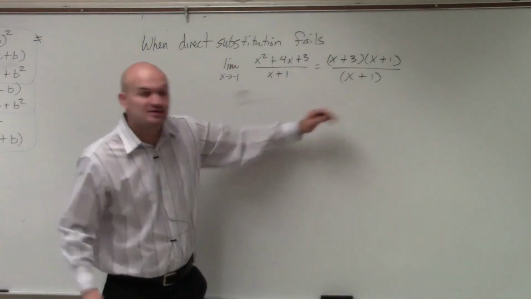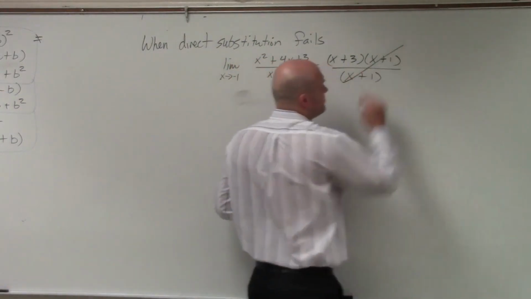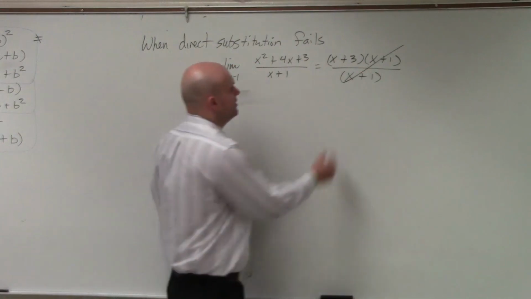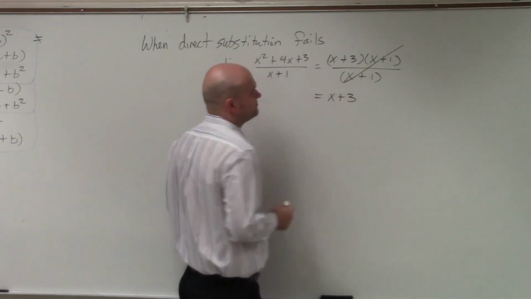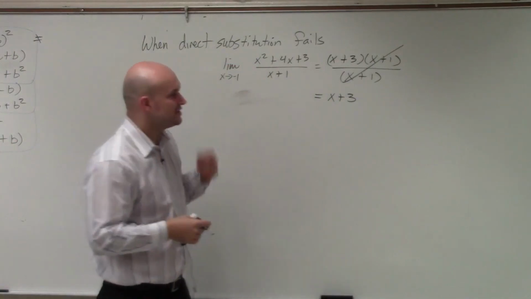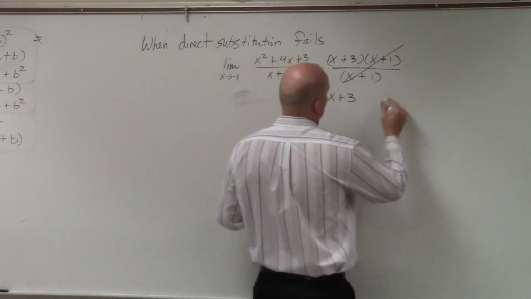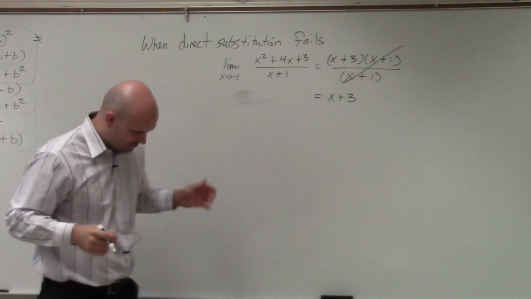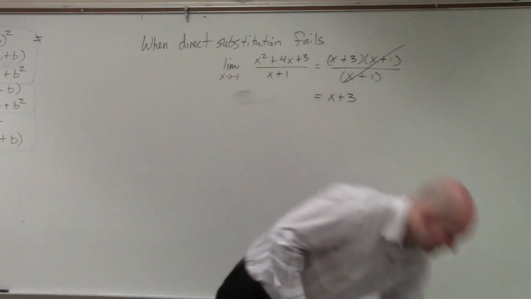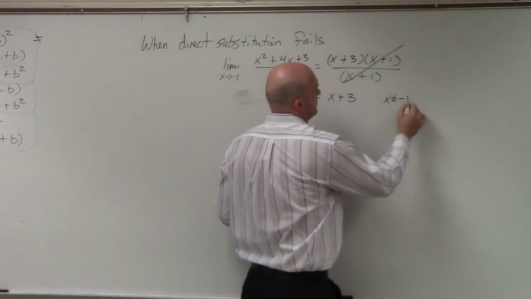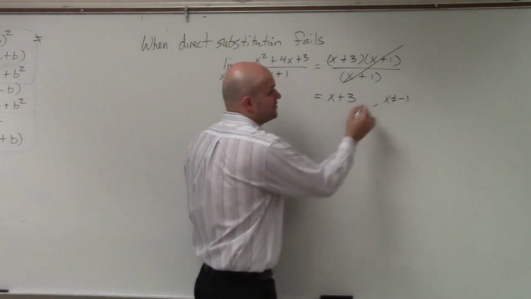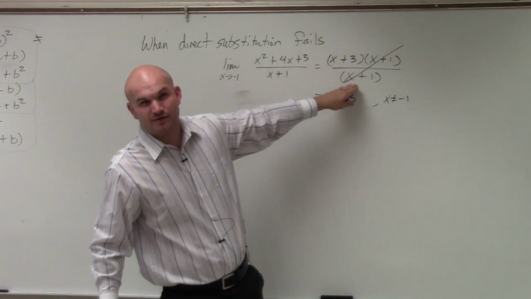Now, by using the division property, I see that x plus 1s divide to 1. So therefore, I'm only left with the function x plus 3. Notice there is a constraint still of the x. X cannot equal -1. There still is a constraint of x cannot equal -1.